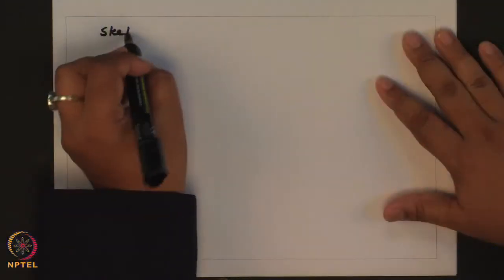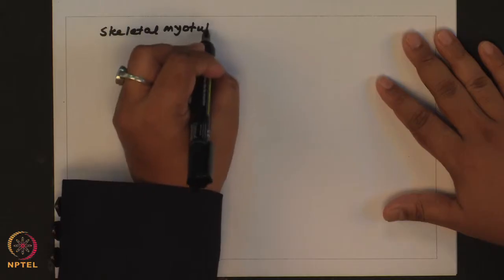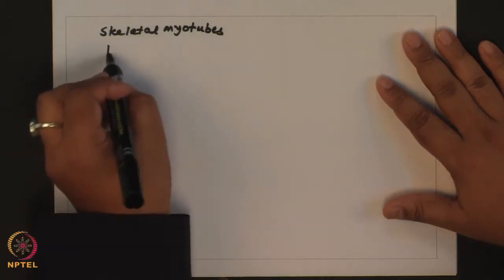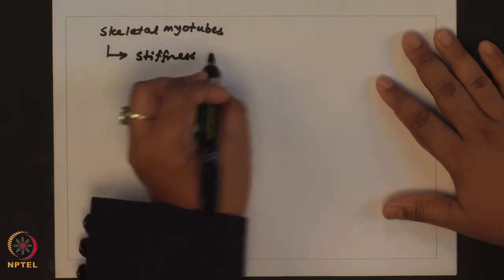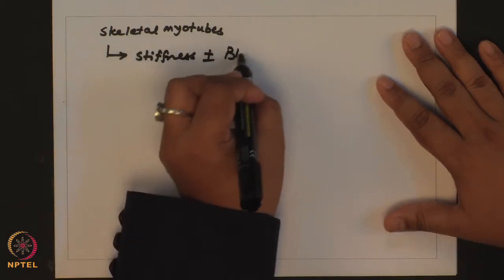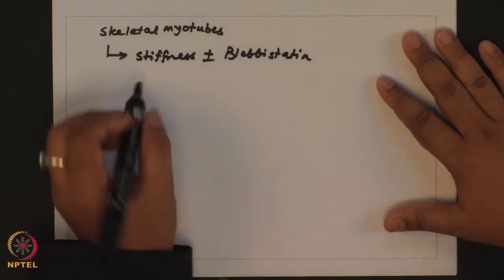Now, when you measure the stiffness, let us say you take skeletal muscle tubes, skeletal myotubes, and you measure their stiffness plus or minus blebbistatin.